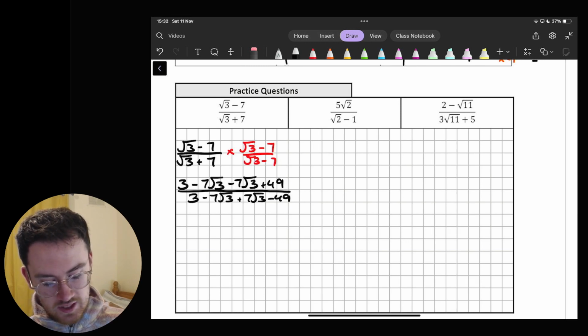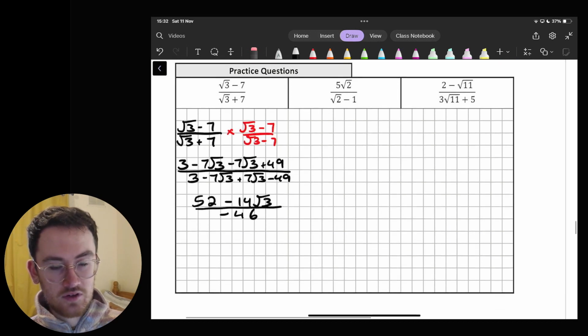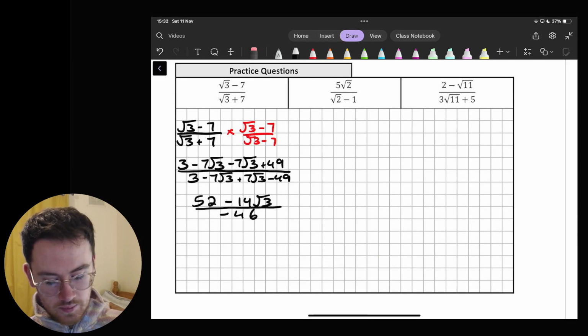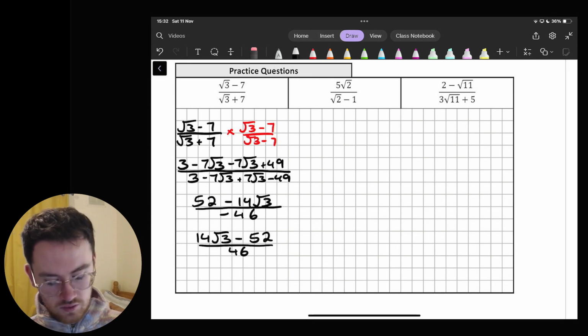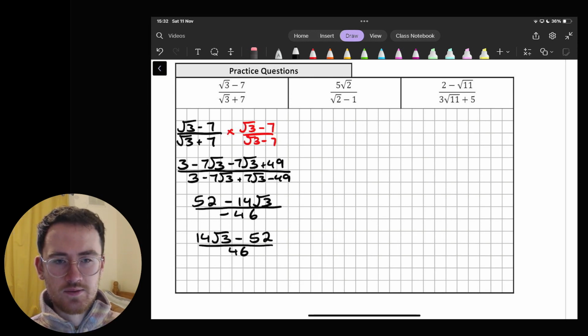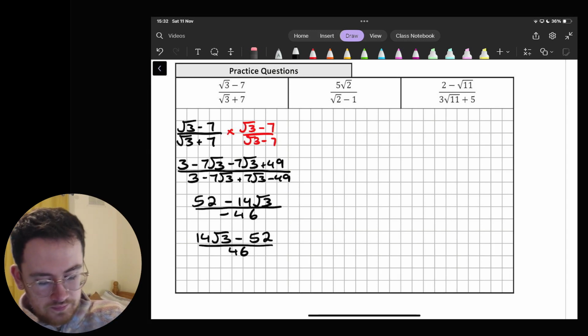So that's going to give me a total answer of 52 minus 14 root 3 all over minus 46. And I can then swap the order of my terms there. 14 root 3 minus 52 all over 46. Okay, same as we did before, multiplying top and bottom by minus 1.